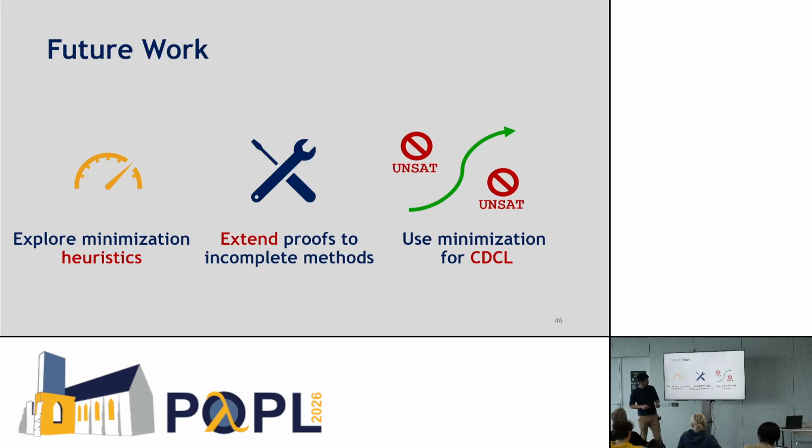And lastly, and this is something that we're actively pursuing, is to use this minimization algorithm for CDCL. The idea is that the minimization algorithm is a core algorithm for deriving clauses, and we hope to use that in order to get a meaningful and scalable CDCL algorithm for neural network verification.